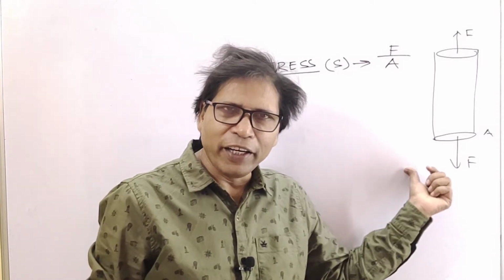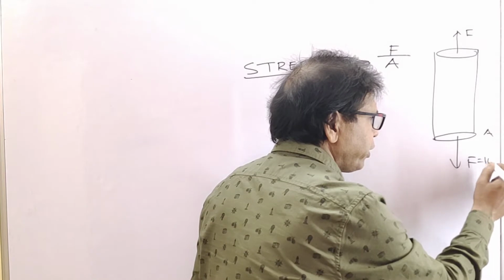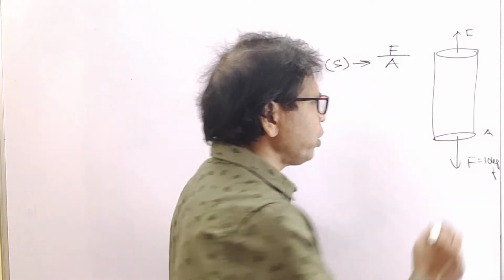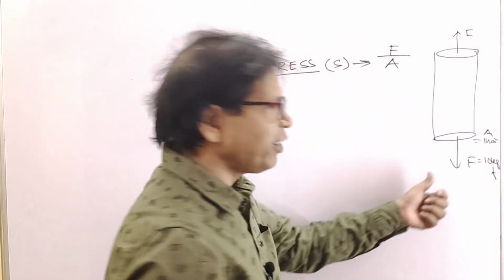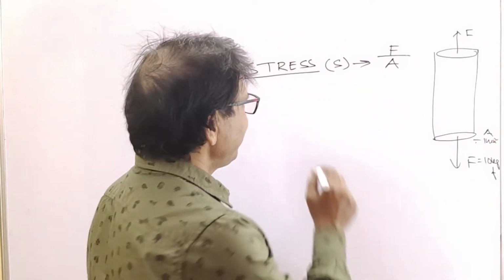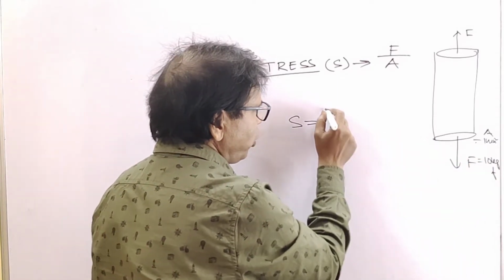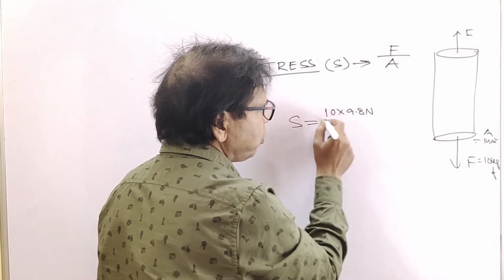Okay, now a numerical. Suppose a force of 10 kg weight is applied on it. Area of cross section is 1 millimeter square. What is the stress? So stress becomes, force is the 10 kg weight, so 10 into 9.8 Newton is the force.